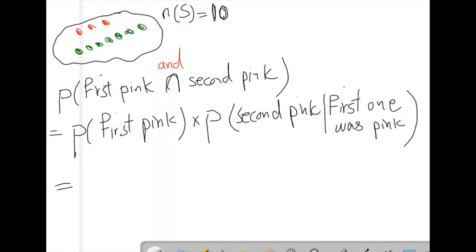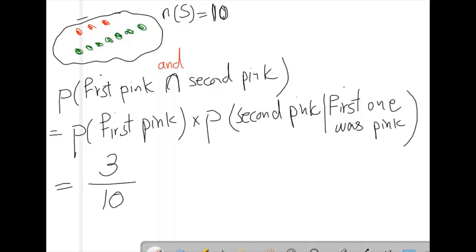So in the first try we have 3 pink candies in the bag, and in total 10. So the probability of first pink is 3 divided by 10.